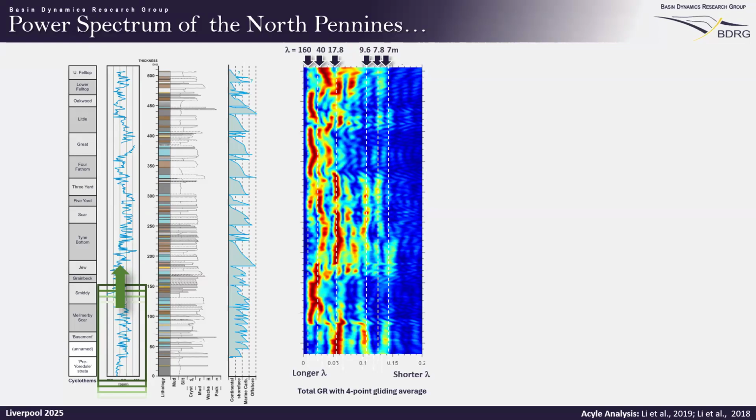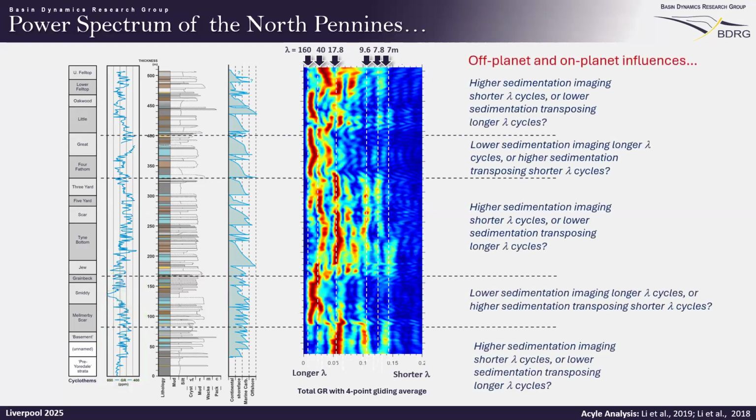Lovely. Trying to interpret that is incredibly difficult. What does that mean? It's difficult because if you think about what's causing these cycles, if we stick with the idea that it is sea level control in some way, then unfortunately higher sedimentation rates image shorter wavelength cycles that you wouldn't see with lower sedimentation rates because you've got more succession being deposited quickly to image it.